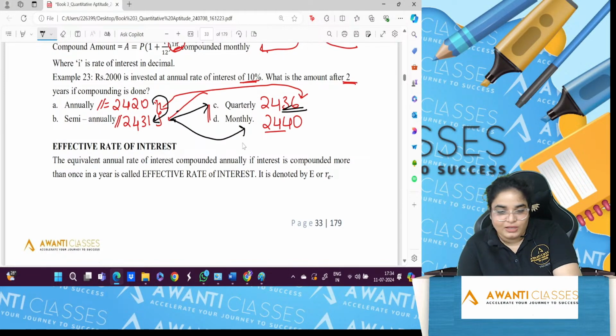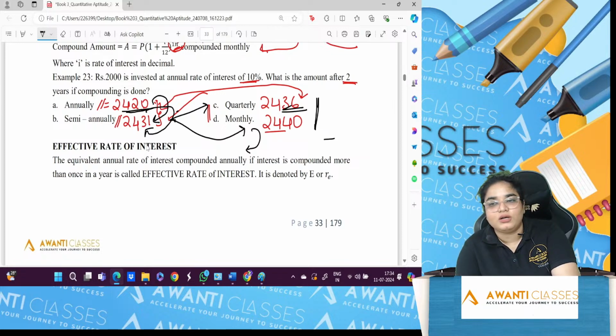When this is happening, something called effective rate of interest comes into play. What is effective rate of interest? In this question, 10% if you do annually, 2420 should come. But when we do it 2 times in a year, the answer is 2431.